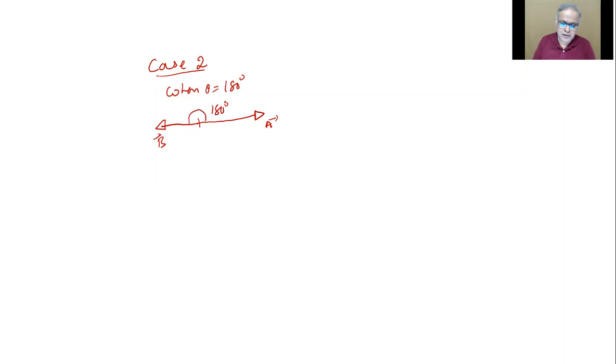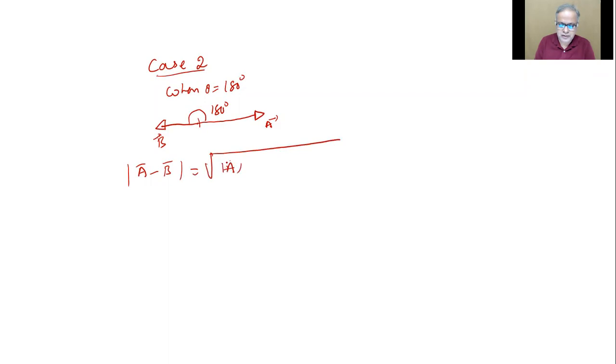Now case 2. When theta equals 180. That means the vectors are in opposite directions originally. This angle is 180. So you'll know that mod of A minus B would be, what will you get?